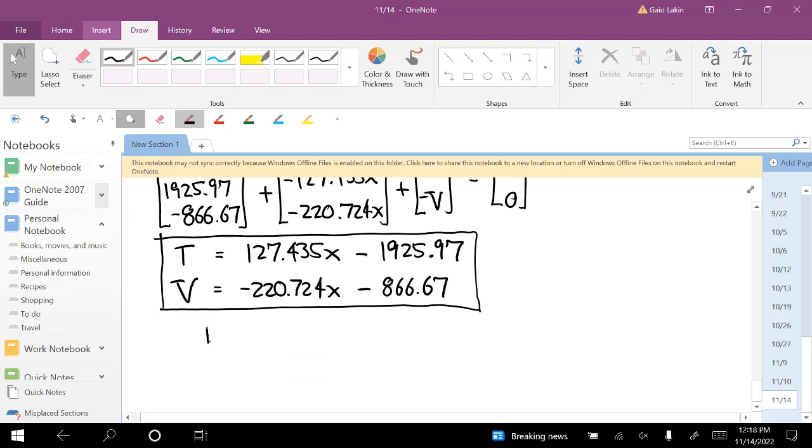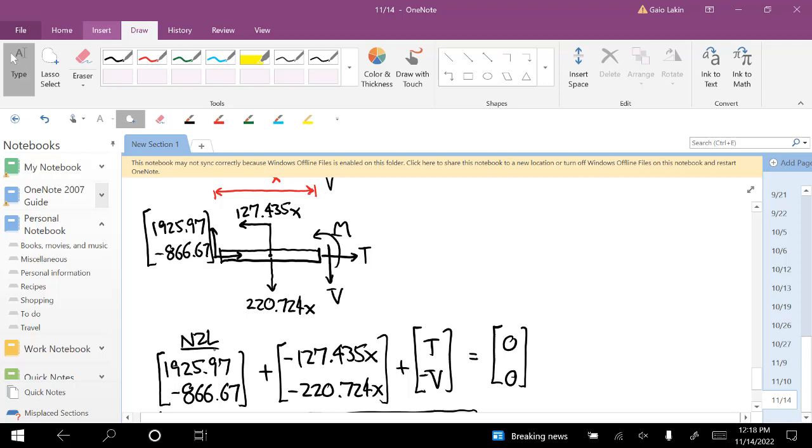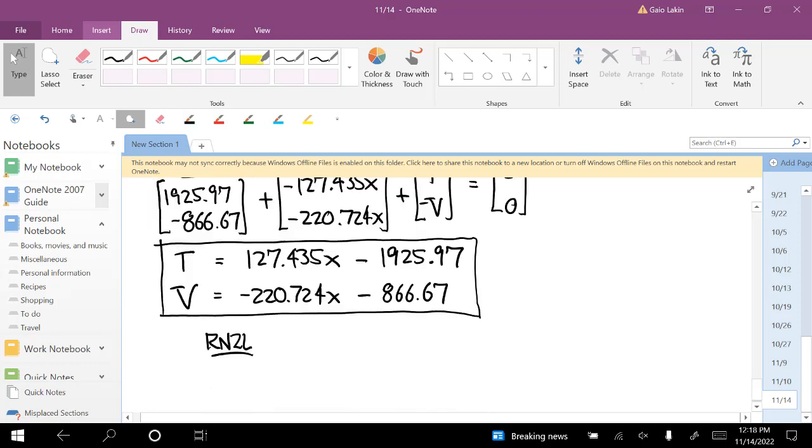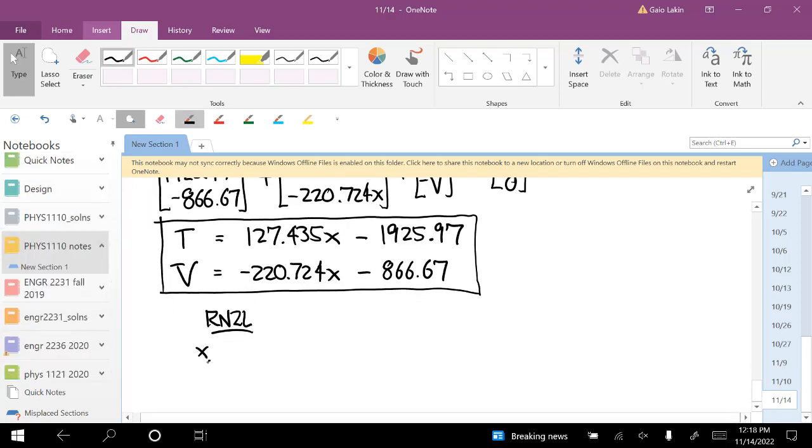And now the moment equation. Our about point is at the left, so there's nothing from that force at the left. There's nothing from the horizontal distributed load. The vertical distributed load has a moment arm of x over 2, and it's a clockwise rotation, and the force is 220.724x.